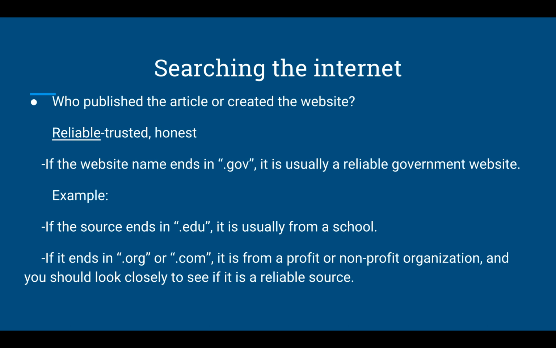And this is where you'll want to put the .org and .com. To let students know they'll have to look further into these websites to see if they belong in the reliable or unreliable category.